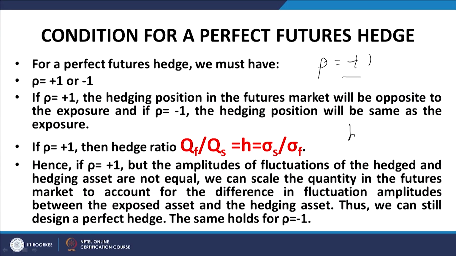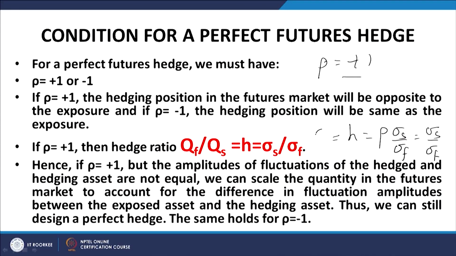In that case, our hedge ratio, which is given by rho sigma S upon sigma F, with rho becoming 1 for the plus 1 case, becomes sigma S upon sigma F. In other words, if we have the exposed asset and the futures prices perfectly correlated, the hedge ratio is also equal to QF upon QS.